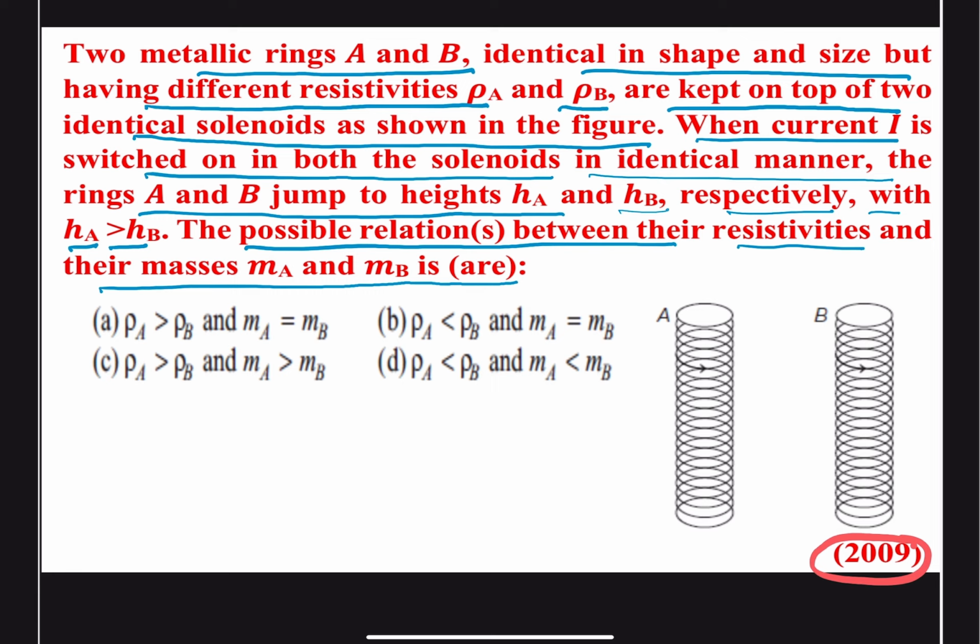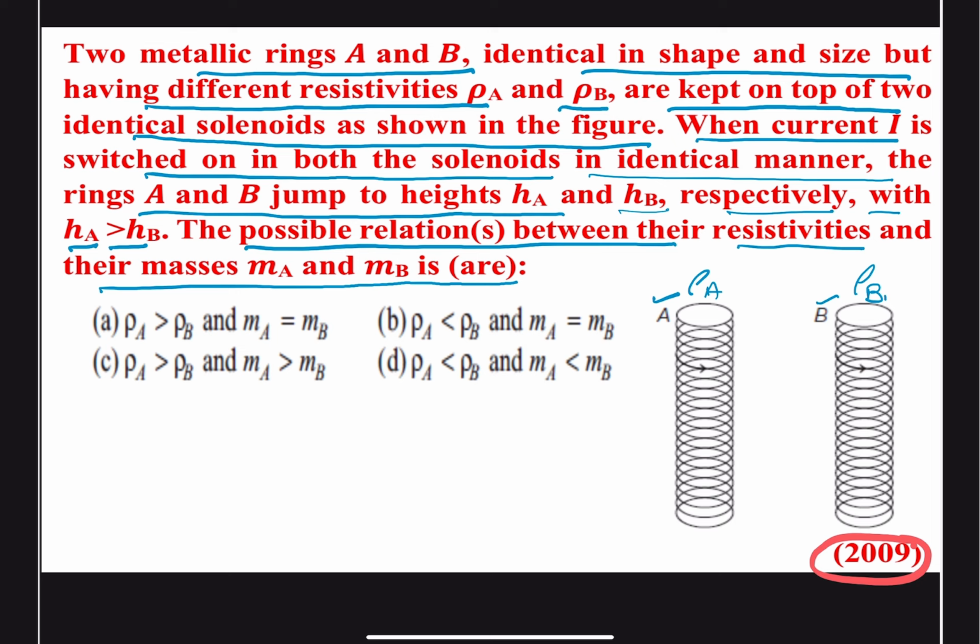So in the figure we have two metal rings A and B, and they have different resistivities. Resistivity here is rho A, and here we have resistivity of rho B, and rest everything is identical. Current is the same, and they jump to heights HA and HB.